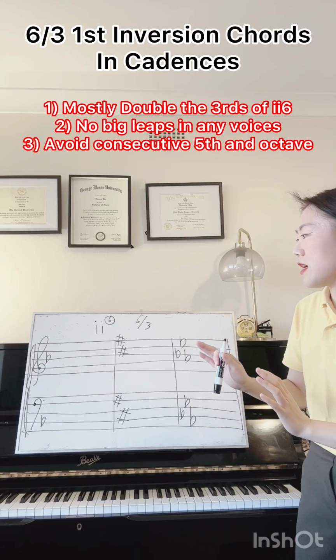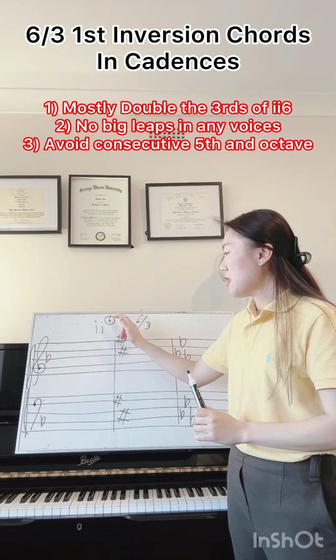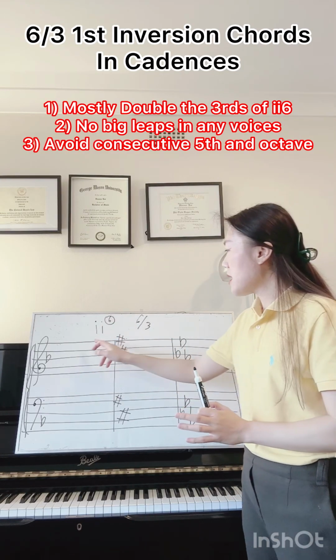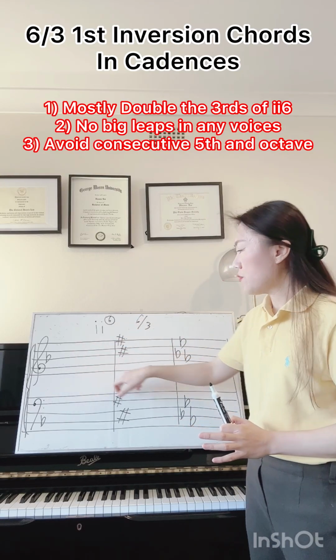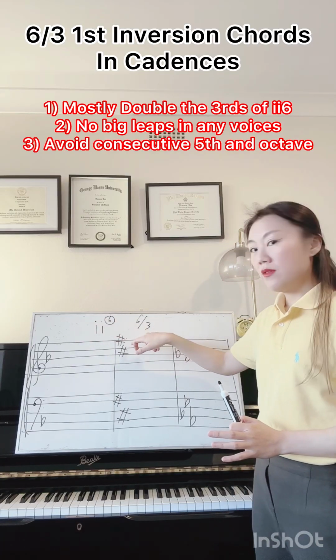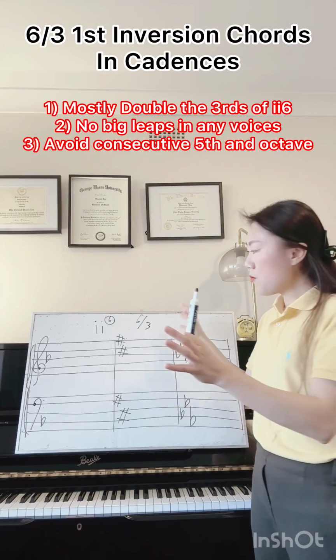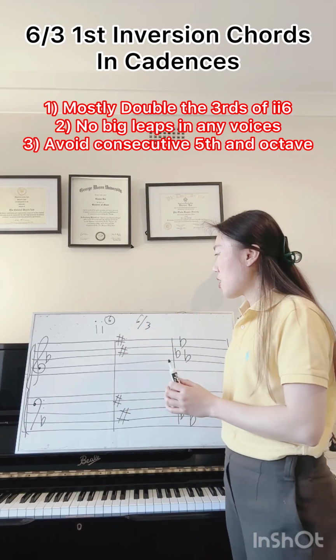To prevent that, make sure the soprano and the bass voice move in contrary motion. When the soprano moves up, the bass voice should move down. When the soprano moves down, the bass wants to move up, to avoid any consecutive fifths and octaves.